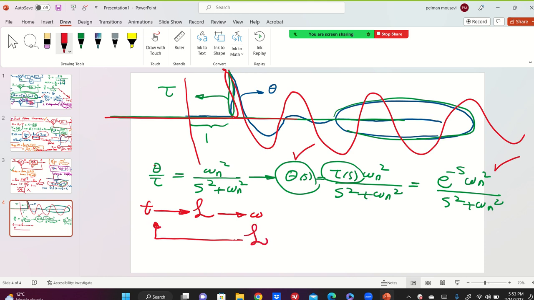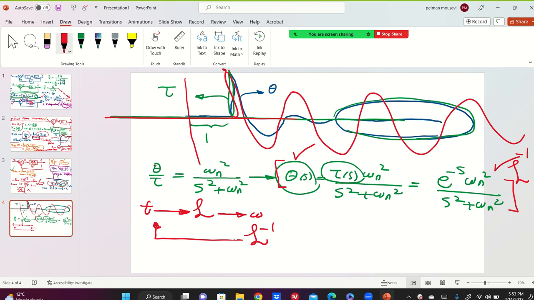You're going to apply the Laplace inverse. So I'm going to apply the Laplace inverse to both sides of the equation.